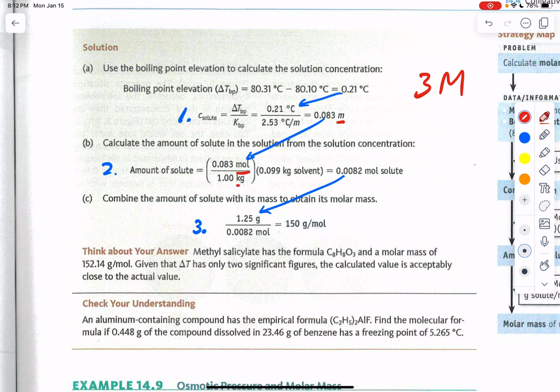Molality is moles per kilogram, and multiply by the kilograms of solvent to get your moles. There's your second M. And once you have your moles, you put that down here and divide it into your grams to get your molar mass, which is your third M. So you go from molality to moles to molar mass, a 3M problem.